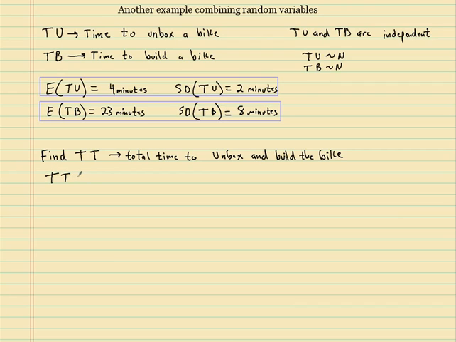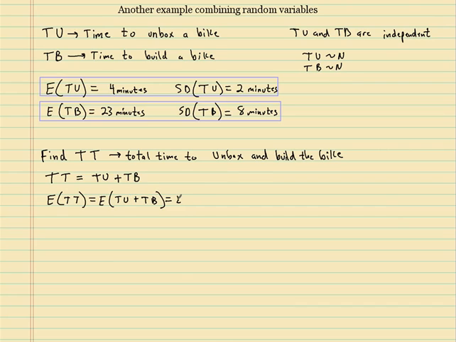Okay, to do that, total time equals the total time to unbox, so that would be TU, plus the total time to build the bike, TB. To find the expected value of total time, that's the same thing as asking the expected time to unbox and build.